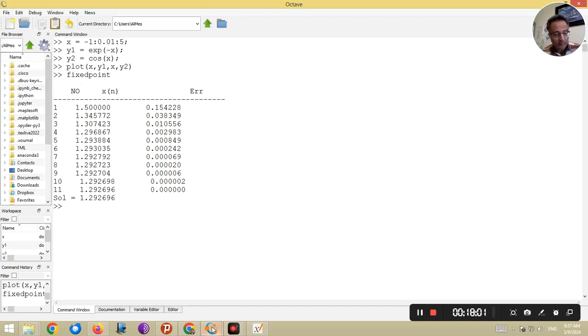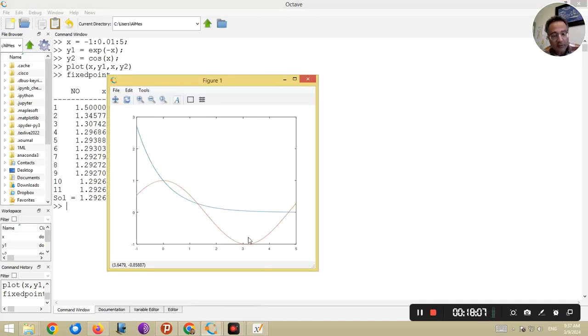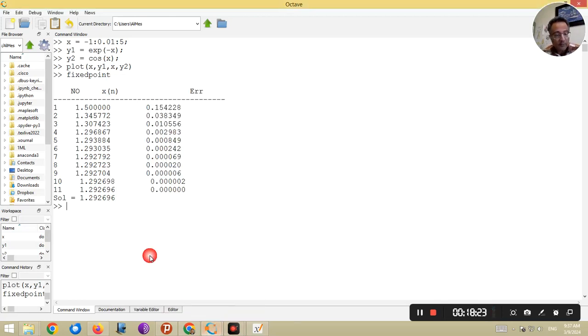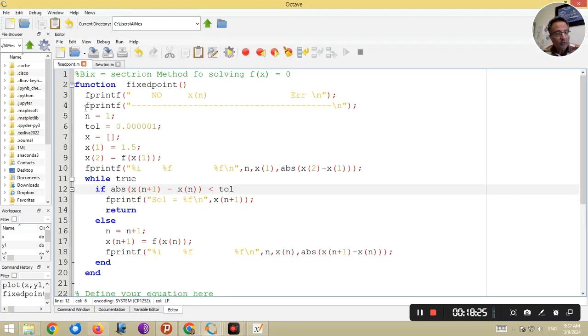It's okay. Now, let me change the starting point, for example from 1.5 to 4.5. I want to see if the code converges to the other root or not. So let me show you.